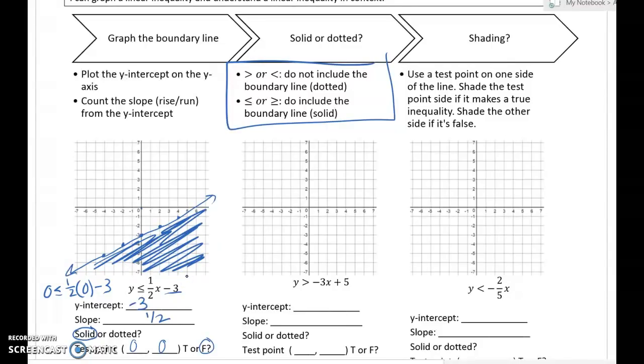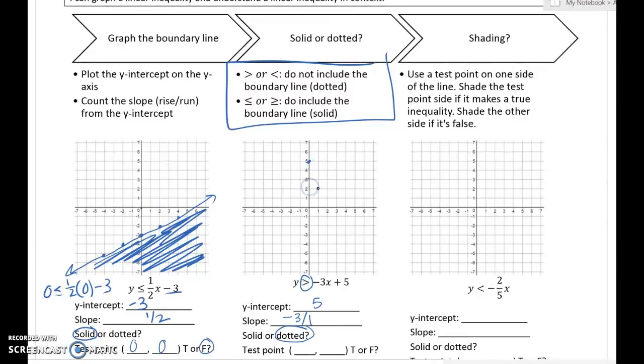For the second example, we have y is greater than -3x plus 5. The y-intercept is 5. Our slope is -3, or -3/1. Since it's y is greater than, the boundary is not included, so it'll be a dotted line. We can start with our y-intercept of 5.